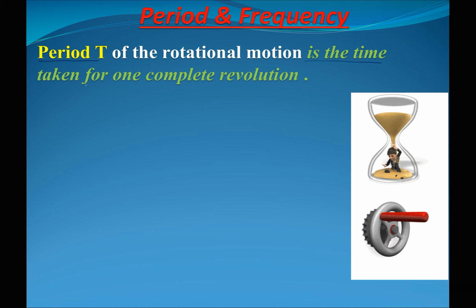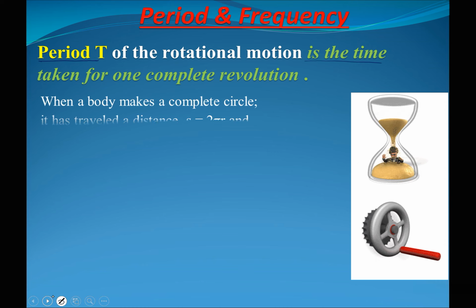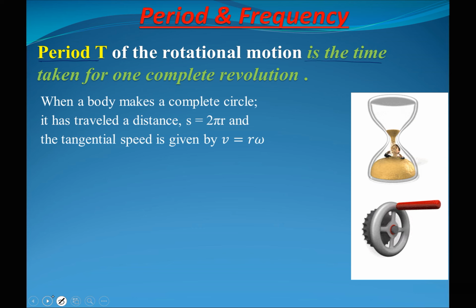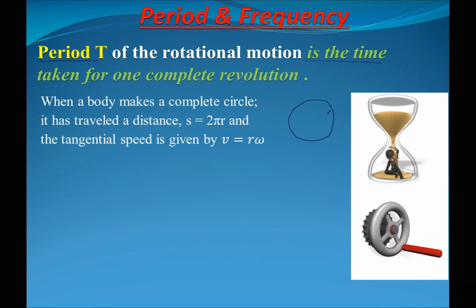So if we consider a body when it makes one complete revolution or one complete cycle, if I start from this point, for one complete cycle, it means I have covered 360 degrees. In other words, for one complete cycle, I've covered 2 pi radians, or the total distance covered in one complete cycle is going to be the circumference of the circle, which is 2 pi times r.